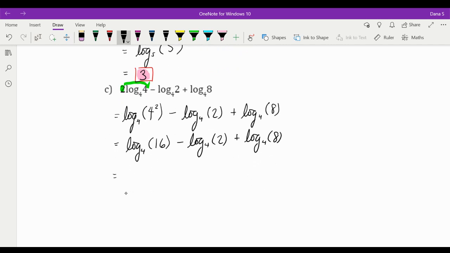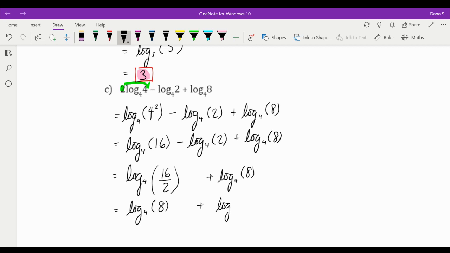All right, so what we can do is say we have a difference of logs. So let's deal with that right now. So that would give us log base 4 of 16 over 2. And then we would still have this plus log base 4 of 8, which is equivalent to log base 4 of 8 plus log base 4 of 8.